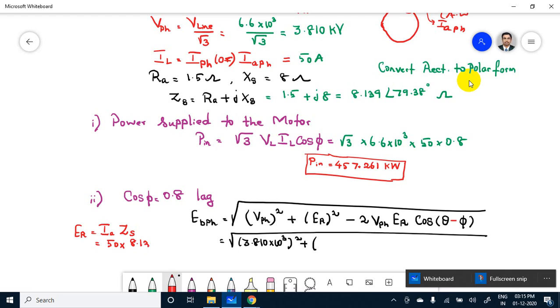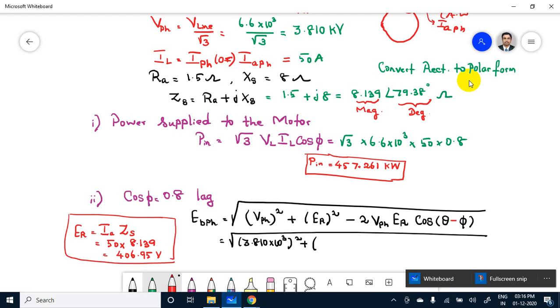Current does not have any angle, so 8.139 is the magnitude and 79.38 is the angle in degrees. Multiplying 8.139 by 50 gives 406.95 volt. Okay, this is my ER.